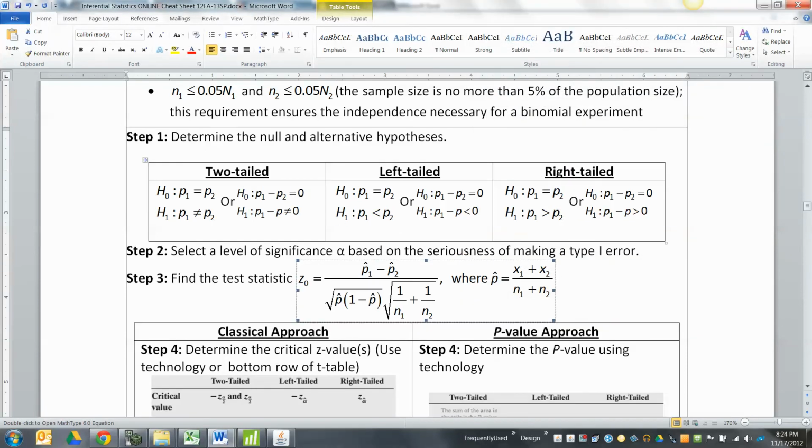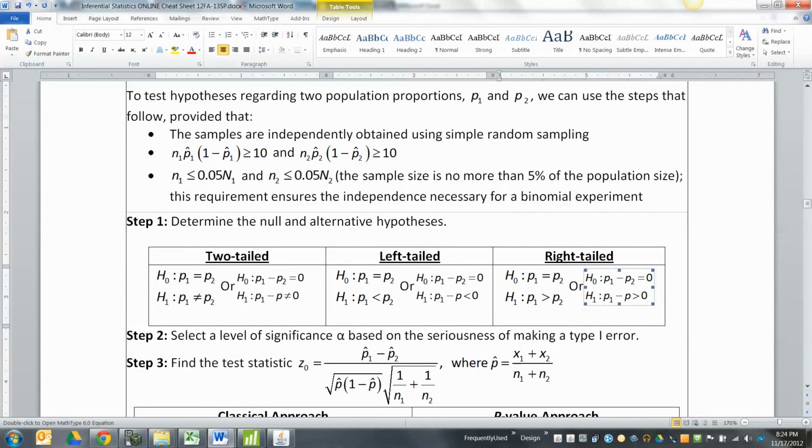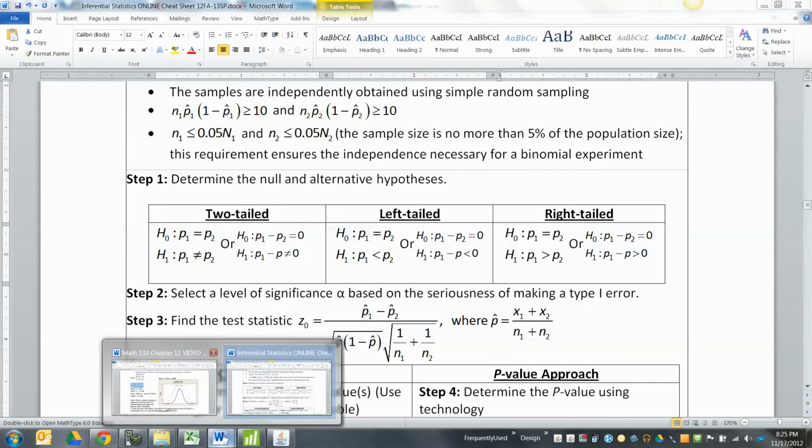Similarly, I just typed in, while it was paused, greater than 0 for this other one. So there's your 3 options. You should just know that all those are possibilities, and it's going to continue to be possibilities for the rest of this chapter. So just keep those in mind. That's why I did that.